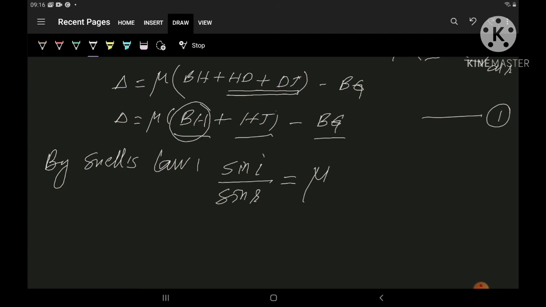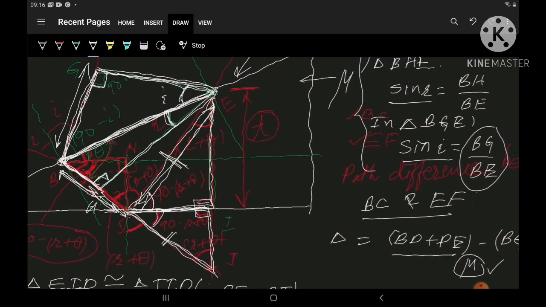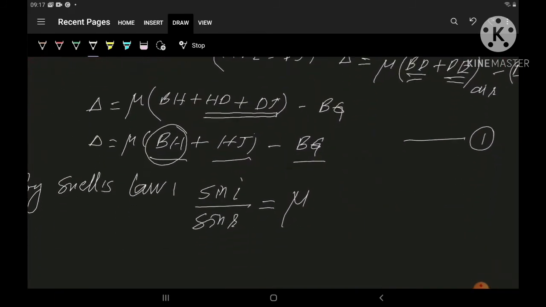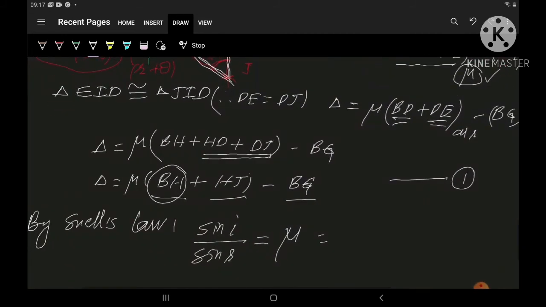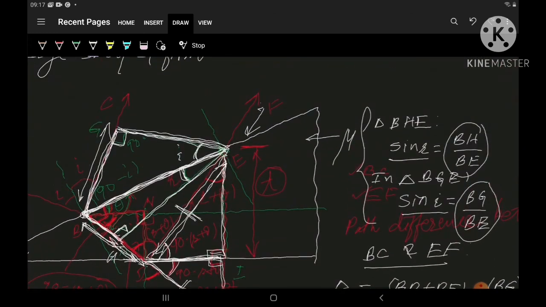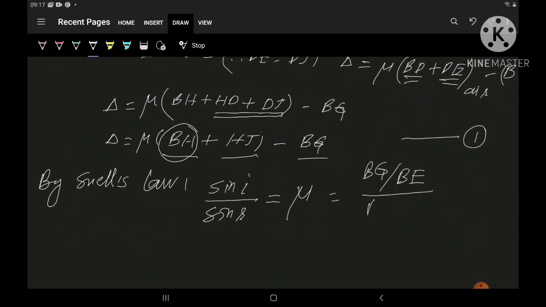From the above observation, sin I is equal to BG upon BE and sin R is equal to BH upon BE.